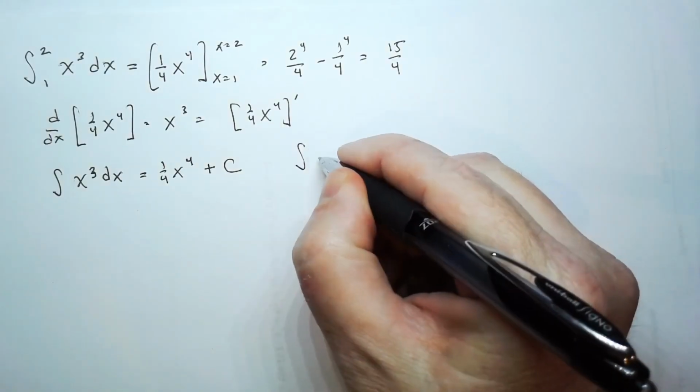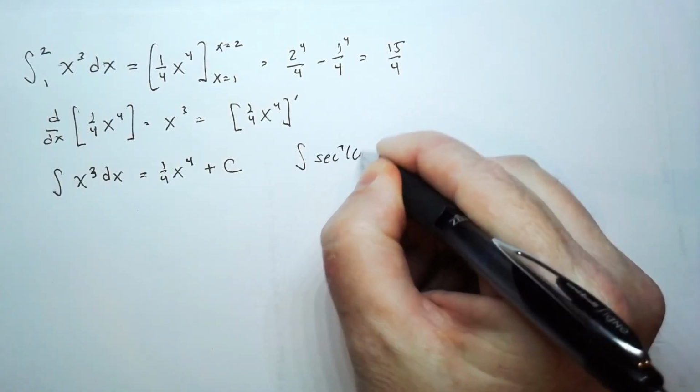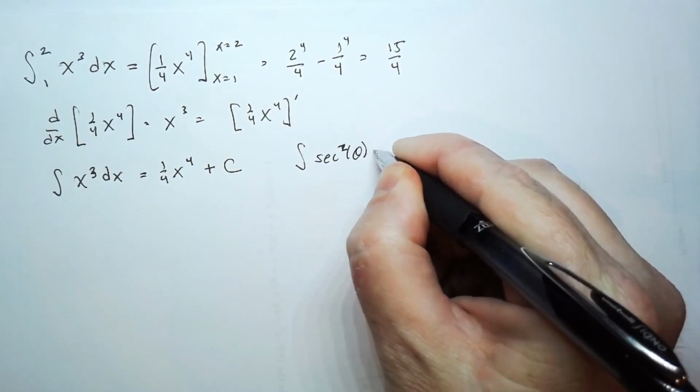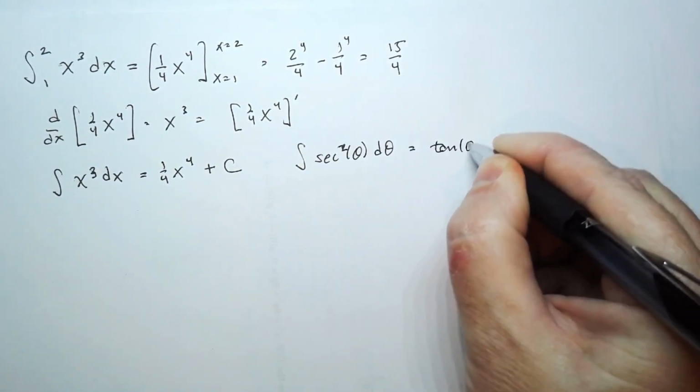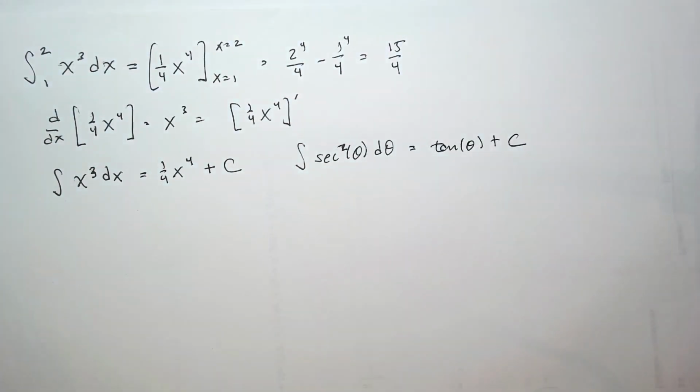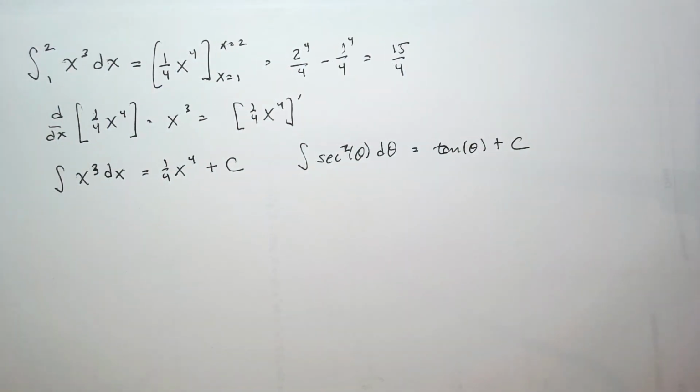The integral of secant squared theta d theta would be tangent of theta plus c. At the moment, we know a handful of basic derivative patterns from differential calculus, and we can simply undo those patterns in order to find a handful of basic antiderivatives.